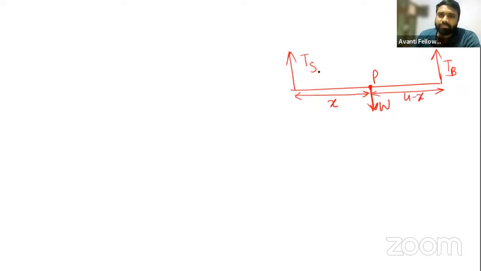Now Ts will try to rotate this rod clockwise, and TB will try to rotate this rod anti-clockwise. So they are equal and opposite. If I consider clockwise to be positive, then Ts into x minus TB into 4 minus x equals 0.